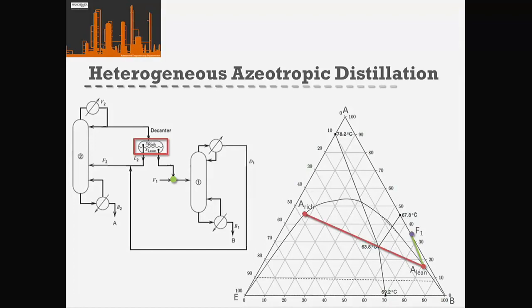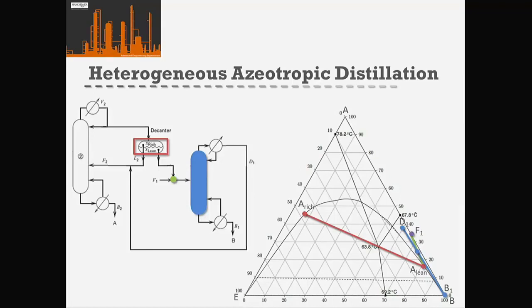So what we need is to draw our straight line on here that gives us a bottom product of B. Our feed passes through this green line, and then we have a top product composition. Okay? So if we do that, we could draw a straight line essentially up here. Okay? And now what we're trying to do is, if we're getting B here, we want our distillate to essentially have as small an amount of B as possible in it.